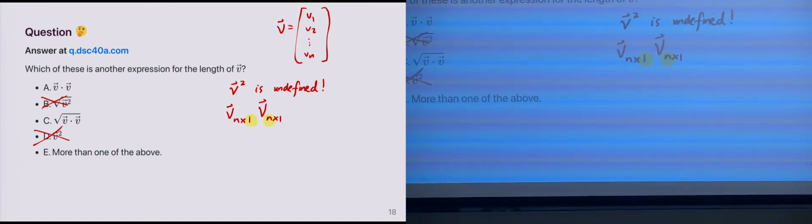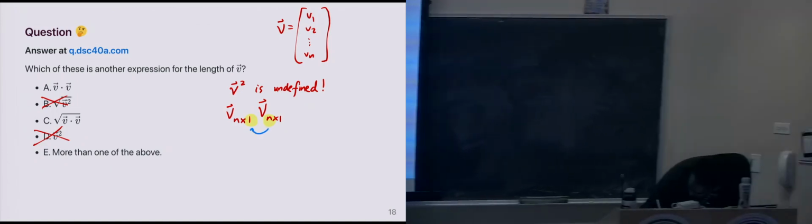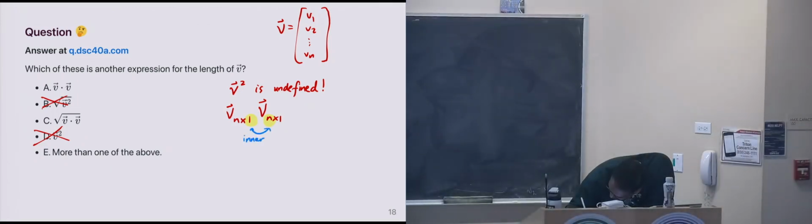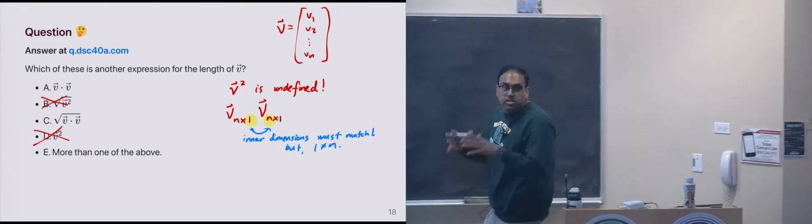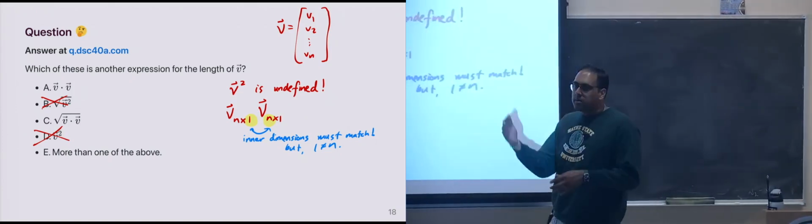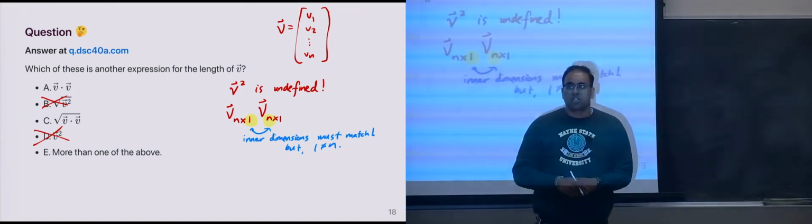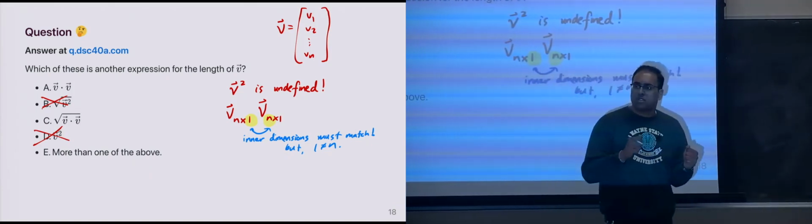And so the way this is often said is that the inner dimensions must match, but 1 is not equal to n. Okay? So squaring a vector in general is not a thing you can do. Do we agree? There are some cases in which you can square matrices, and maybe we'll talk about that, but a vector, you can't square it.